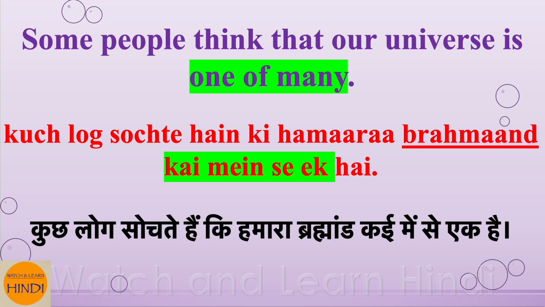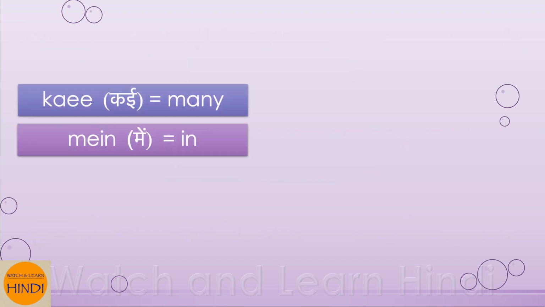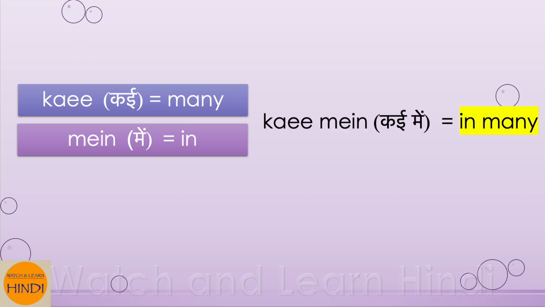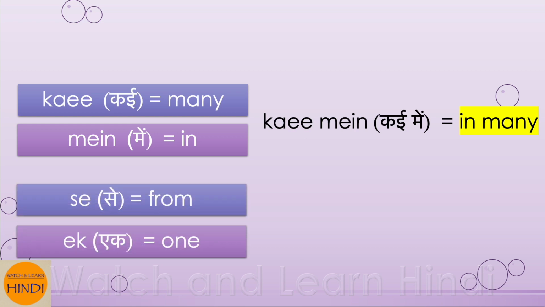As you can see, it is not word-to-word translation. Let me break it up for better understanding. Kai is many, mein is in. So kai mein is in many. Se is from, ek is one.